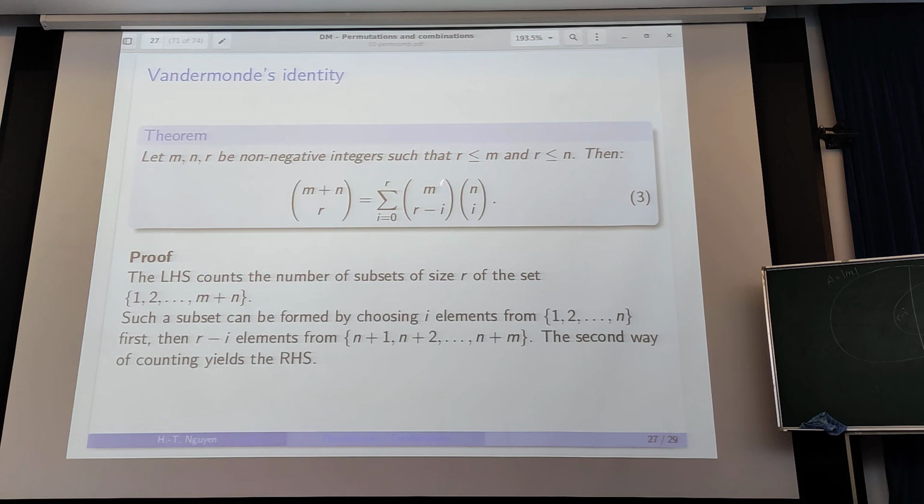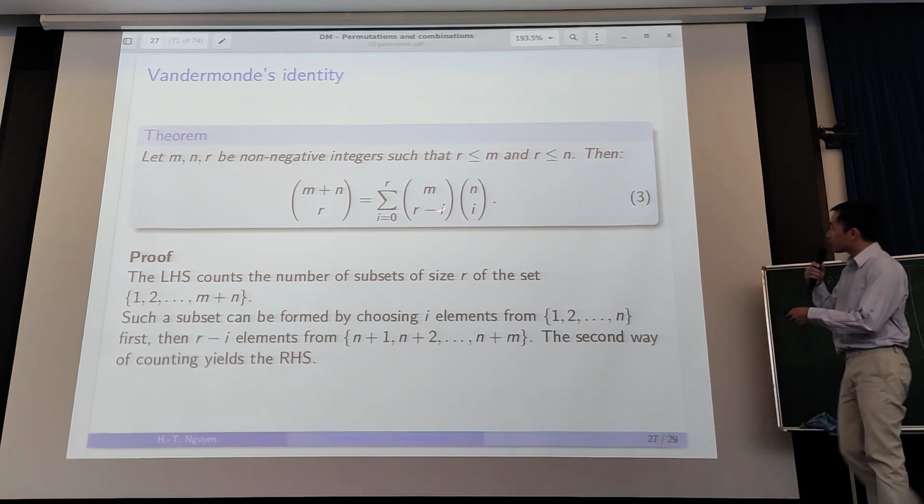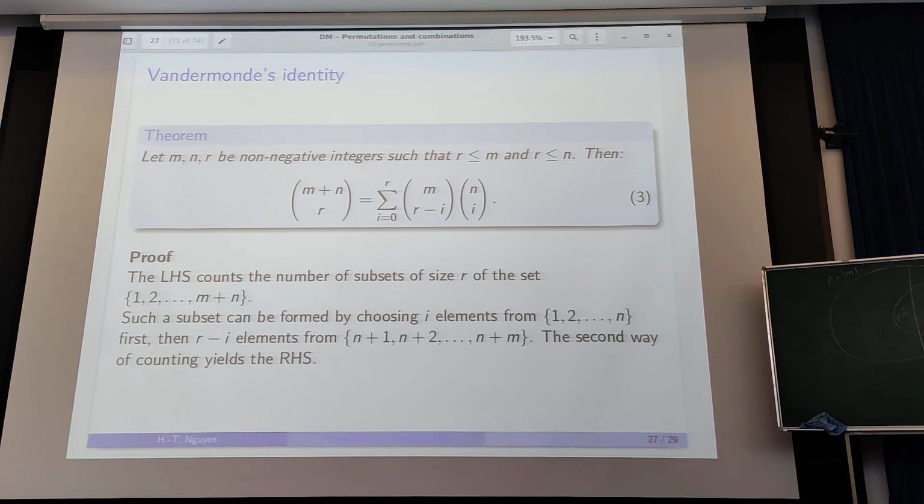So in fact, the formula looks complicated, but if you get the idea of what to count, then the idea is pretty simple. And this formula is simply the translation of the idea into algebraic language, into the formula.